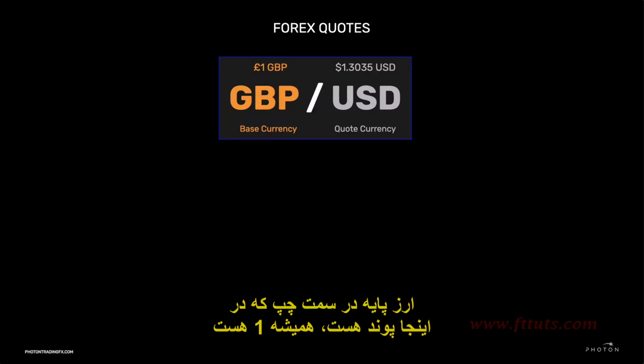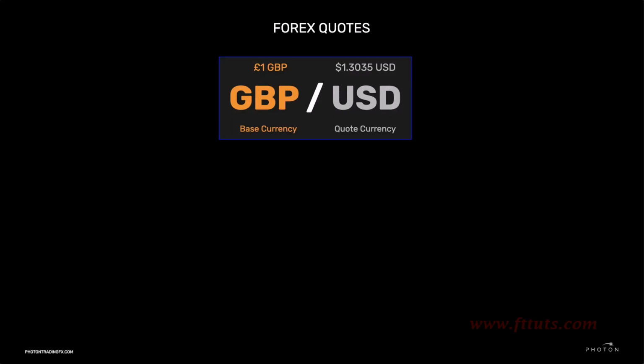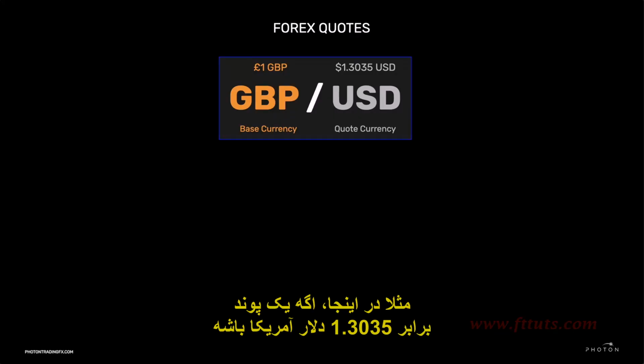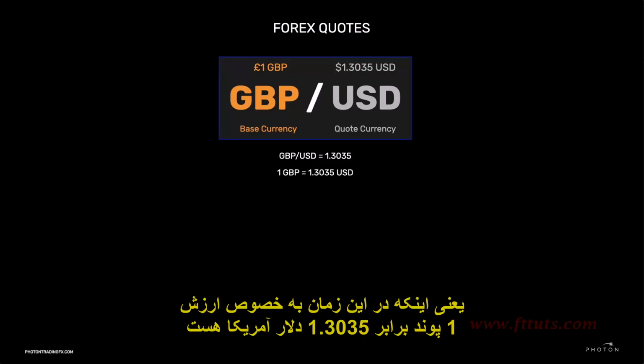The base currency on the left, in this case the pound, no matter what, always has a value of 1. So for this example, if pound dollar is quoted as 1.3035, what this essentially means is that £1 is equal to 1.3035 US dollars at that point in time.